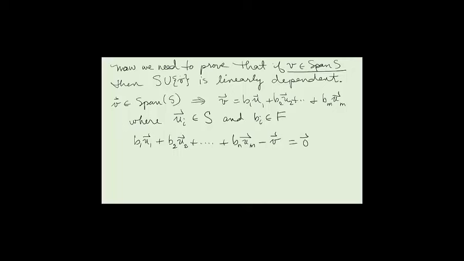So we have a linear combination, let's say this is a non-trivial representation of the 0 vector. Therefore, S union the vector v is linearly dependent.